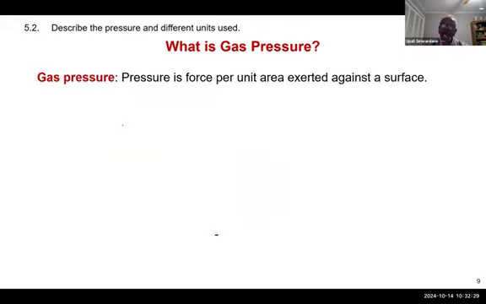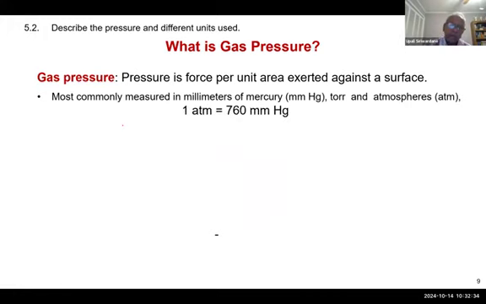Now, knowing atmospheric pressure, one atmospheric pressure is 760 millimeter mercury. There are other units we've been using. 760 torr is the same as millimeter mercury. There's another unit called Pascal.